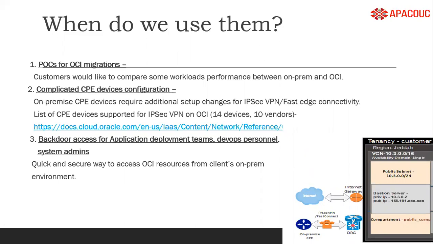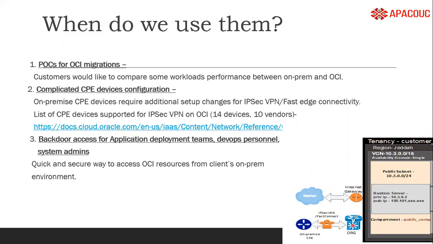In those scenarios, it is initially very difficult to have the customer premise equipment configured on day one. The reason why I'm saying this is because the IPSec VPN supports around 14 devices, and then we have 10 different vendors.